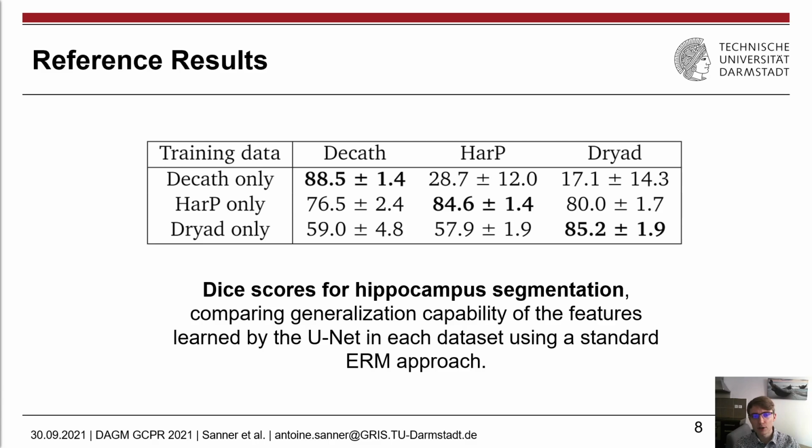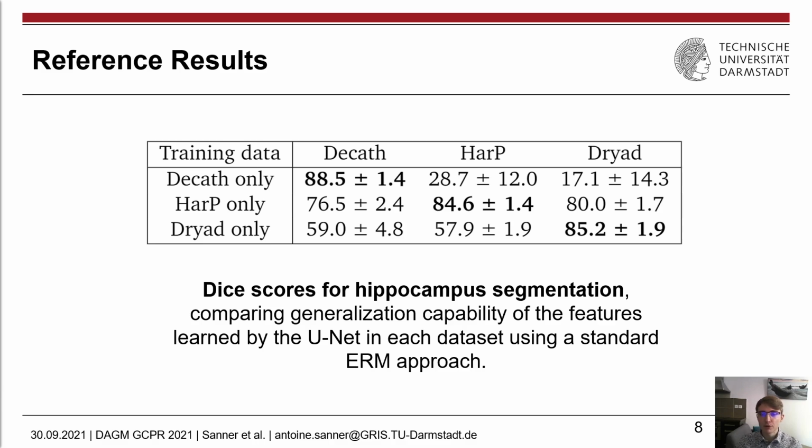But what is much more interesting is that if we take a look at the first row, we can see that the model trained on Decath completely fails to generalize on the HarP and Dryad datasets. In contrast, the model trained on HarP already generalizes quite well, and the model trained on Dryad reaches some middle ground. And so here we can clearly see that the distribution shifts found from one dataset to the other may vastly limit the ability of a model to generalize to out-of-distribution data.